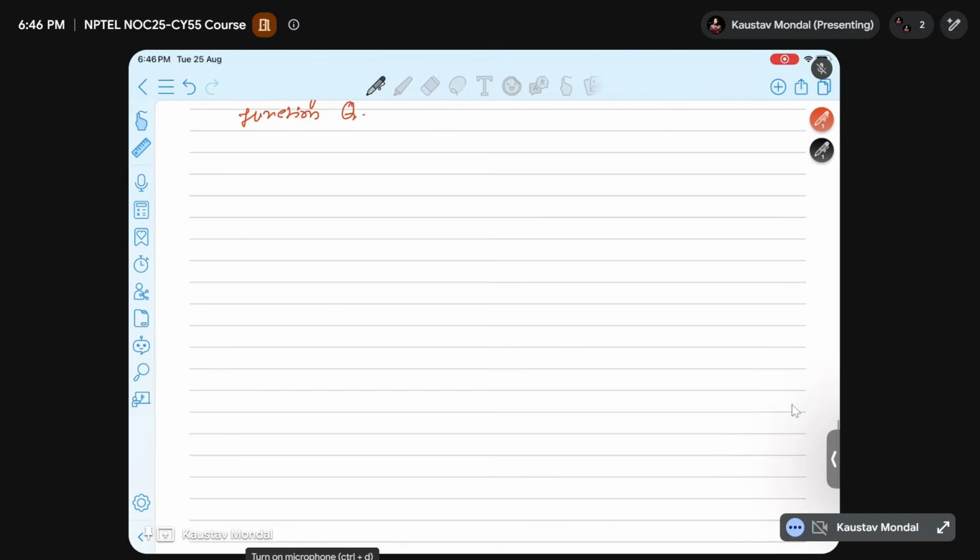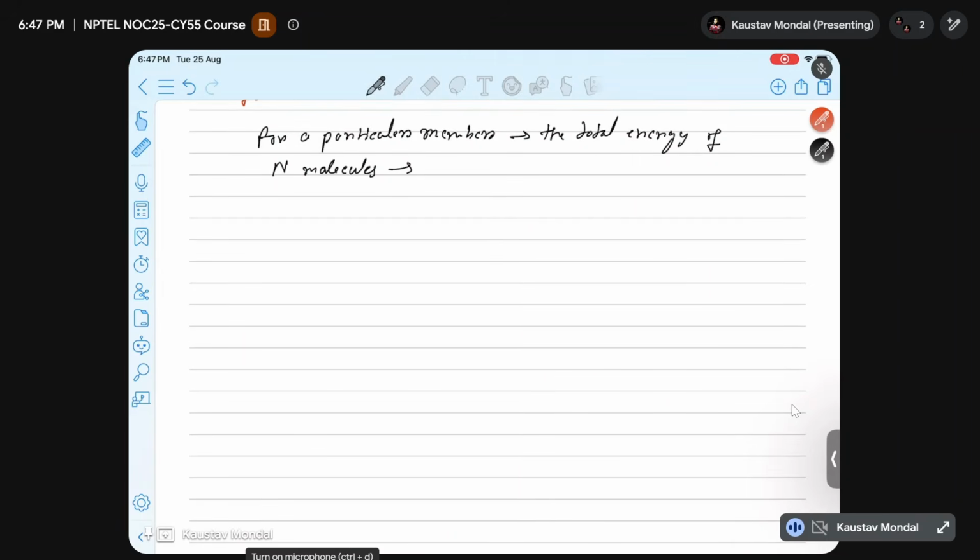So for a particular member, the total energy of n molecules is basically the sum of the energies of the molecules.